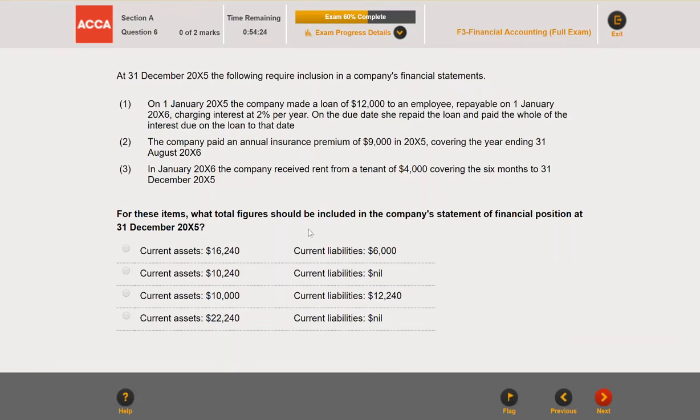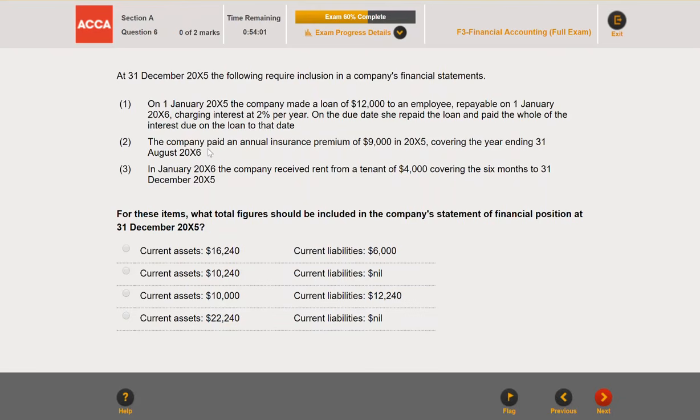Next, company paid an annual insurance premium of 9,000 in 2015, covering the year end 31st August 2016. Okay, this is a 1 year payment and it is up to August 2016 and our year end is December. So that means 8 months of this payment is advance, which becomes receivable.